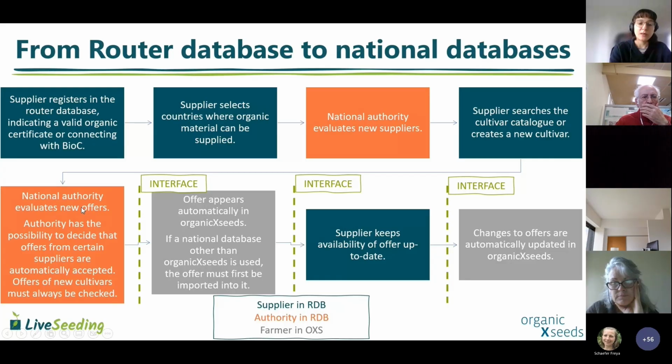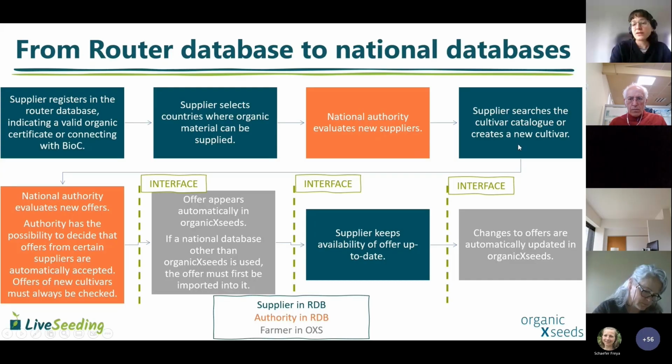Before your offer can appear in the national database, it has to be accepted by the national authorities. So when we developed the router database, this was explicitly a wish by the authorities that they have this option of evaluating offers. But they can also say that they automatically accept the offer from certain suppliers.